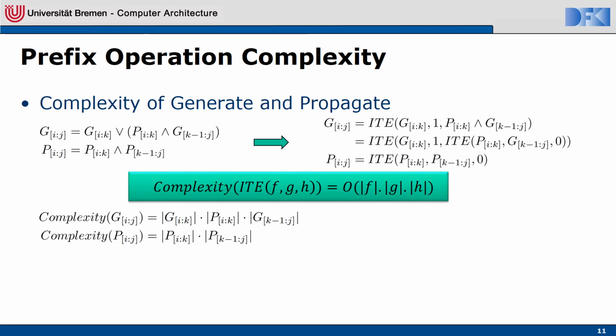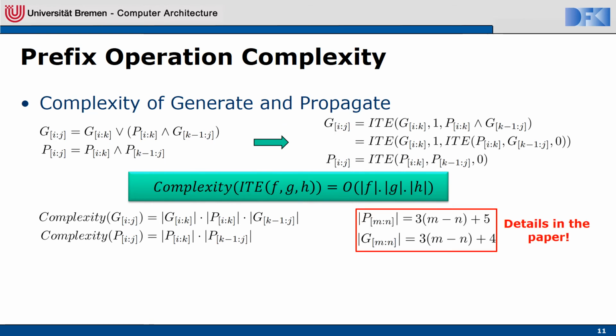The complexity of computing group generate and group propagate are dependent on the BDD sizes of group generate and group propagate. We have proven in the paper that the BDD sizes of group propagate m to n and group generate m to n are bounded by 3 times m minus n plus 5 and 3 times m minus n plus 4 respectively. You can find the details of the proof in the paper.